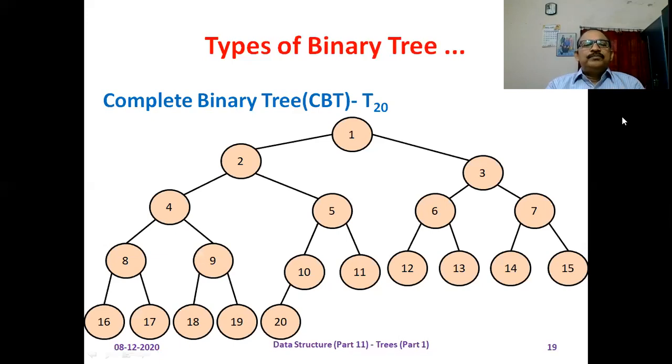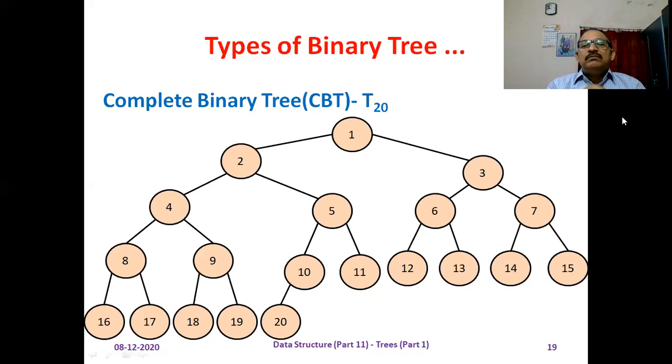Here you can see this is a complete binary tree. Why is it a complete binary tree? Let us see. Level 0 has only one node.